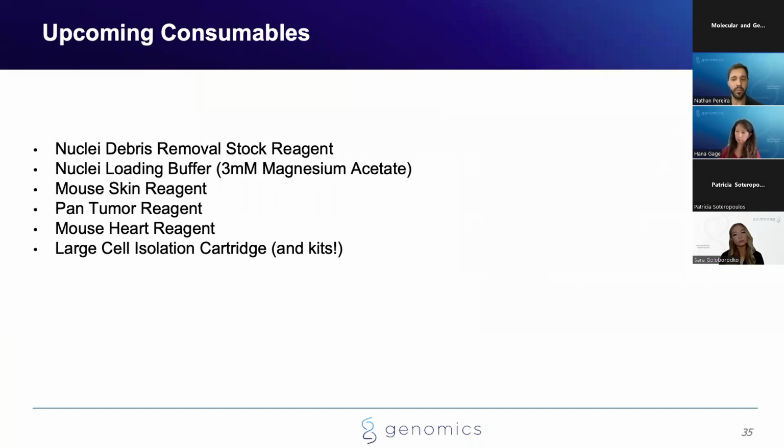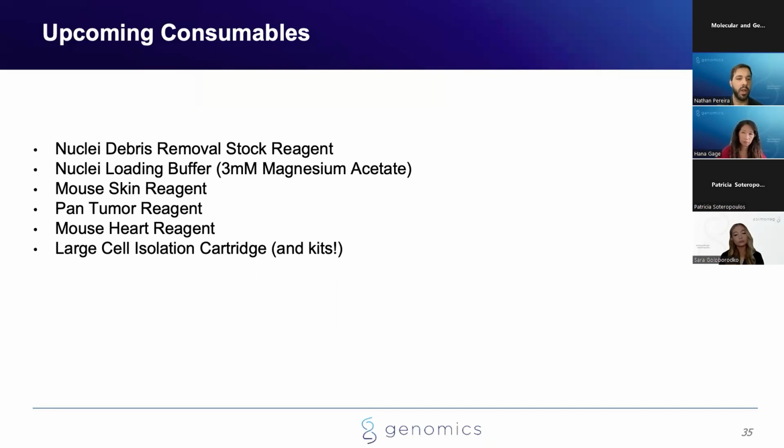So some other things I'd like to talk about are some upcoming things that we're excited about. So we're going to be releasing a nuclei debris removal solution. One of the problems we hear from customers is obviously cleanliness of their suspensions for loading onto these single nuclei processing platforms. So we're excited to release a debris removal reagent, which I'll go over in a minute.